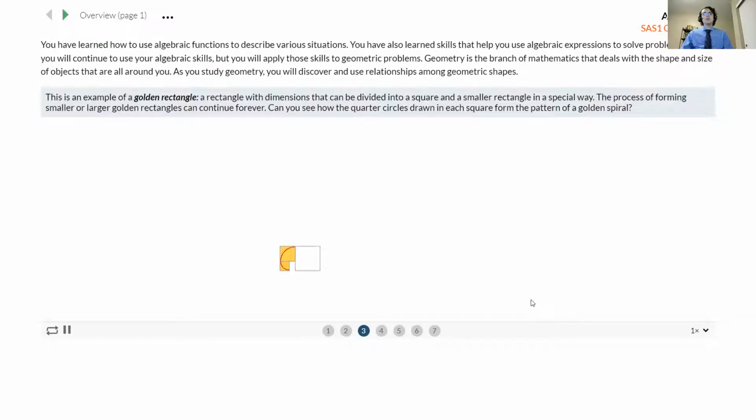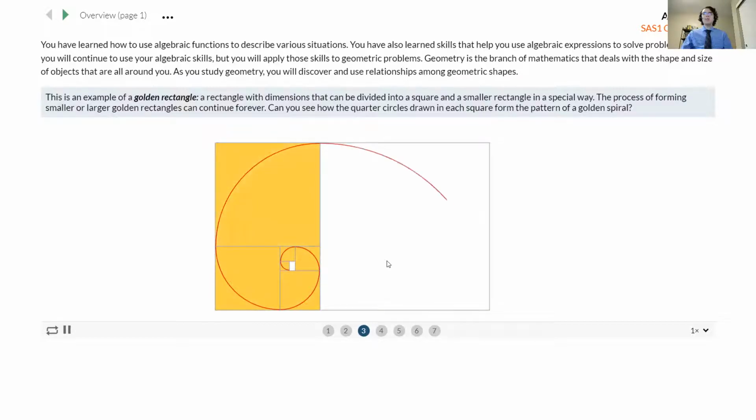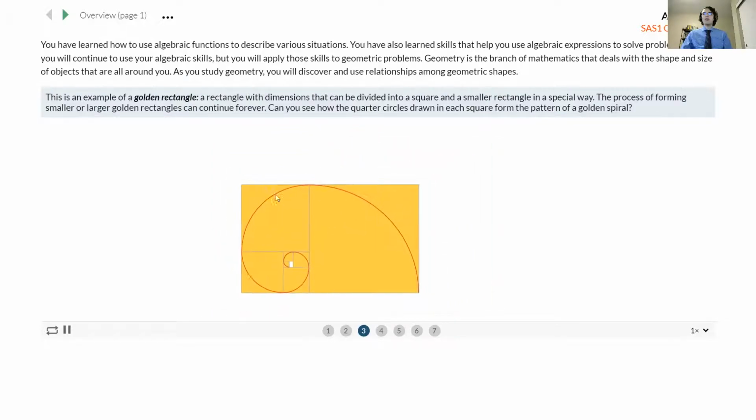So this is a rectangle with dimensions that can be divided into a square and a smaller rectangle. So you can see every time we build another rectangle off of this one, they have a certain pleasing way of almost like not quite doubling in size, you can see, but building off the other one, where one side is a rectangle and the other side is this square.